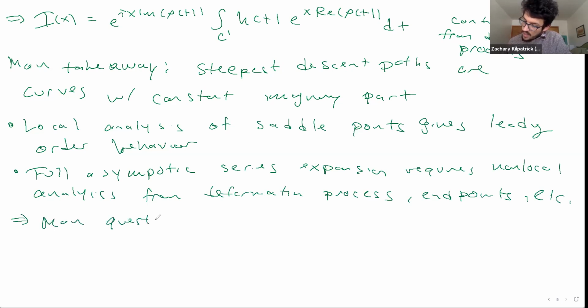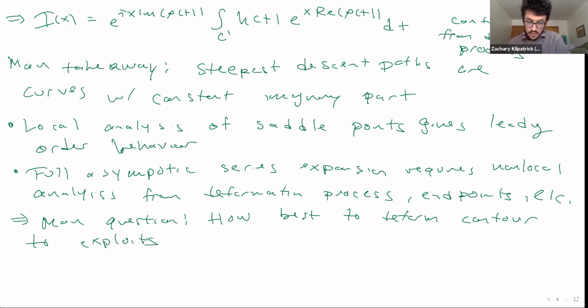Another way to think of this is that the main question of the steepest descent method is how best to deform some contour to exploit Watson's lemma, okay?